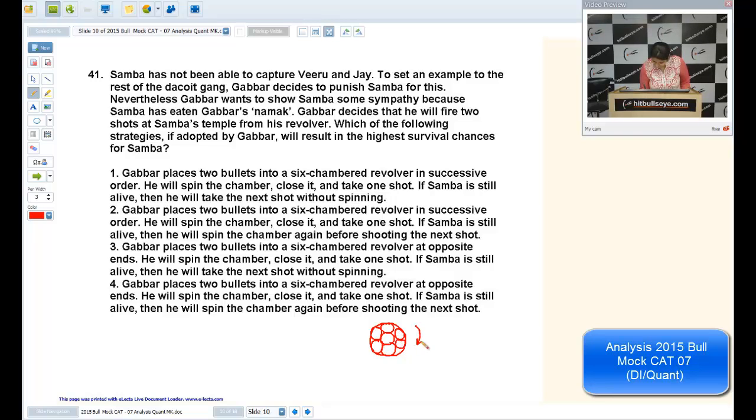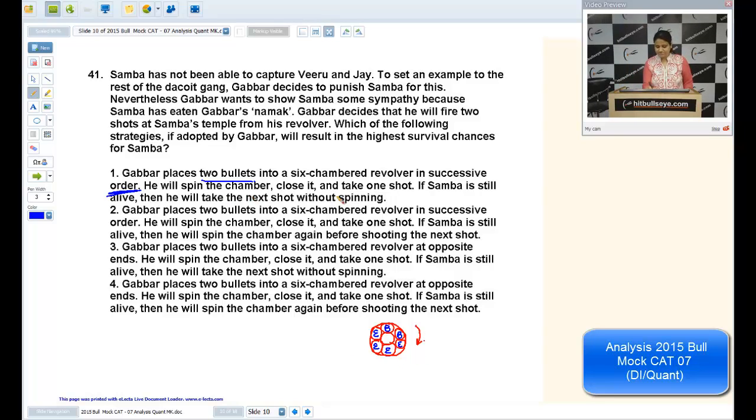Suppose it is revolved in the clockwise direction. You can take any direction. We'll get the same answer. It says Gabbar places 2 bullets into a 6-chambered revolver in successive order. If I am putting a bullet here, so these are the empty places, and it is moved in the clockwise direction.